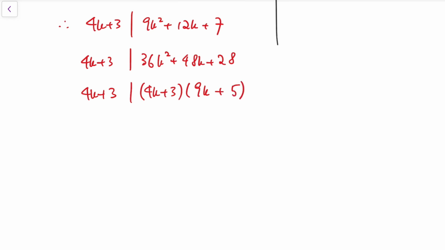Indeed, the quotient is going to be 9k plus 5, and then the remainder will be k plus 13.